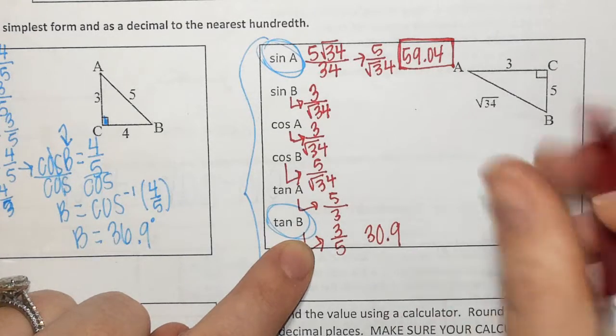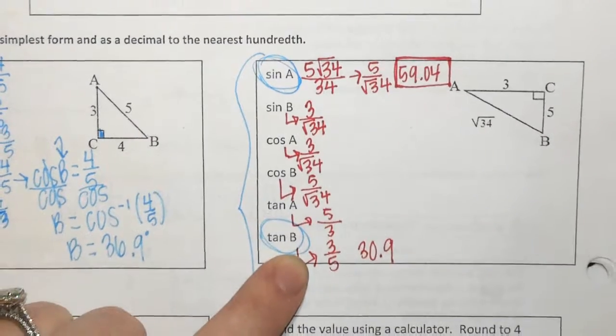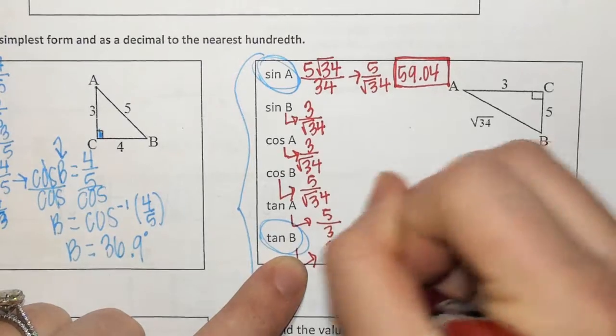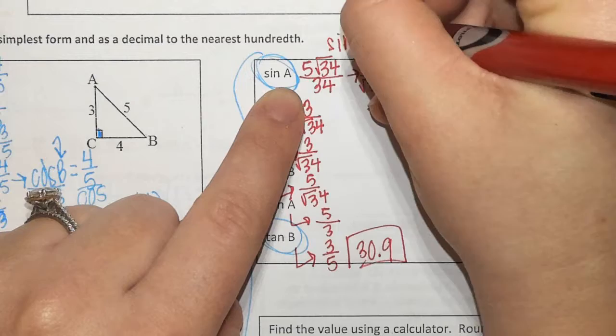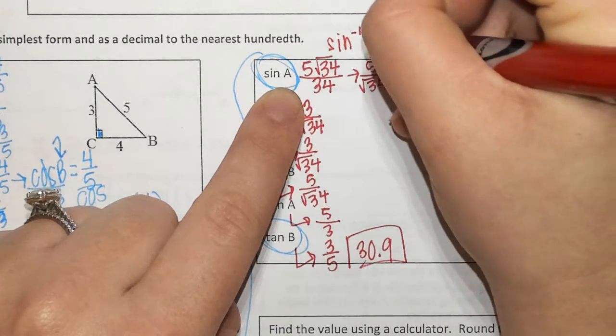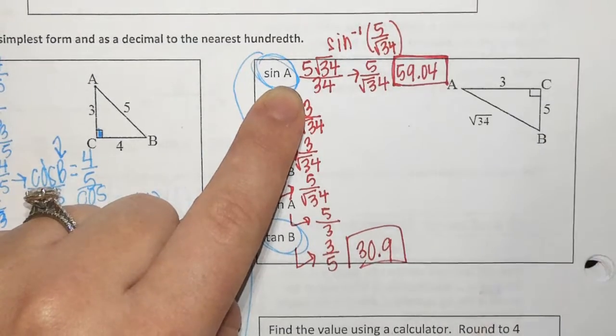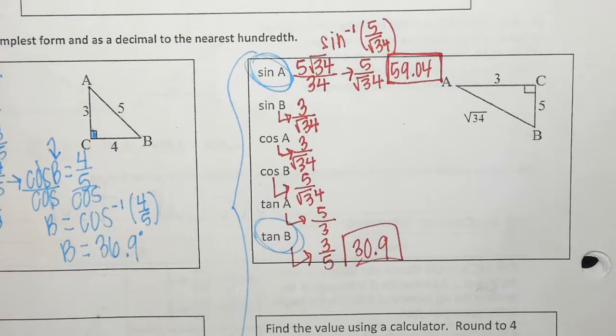Yeah. So you do the exact same thing, but for this one. You just take the inverse of this. So you would have done sine inverse of 5 divided by the square root of 34. You get the same thing. Okay, here's the deal.